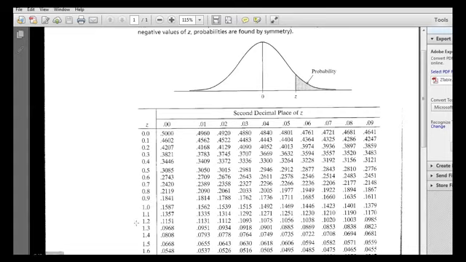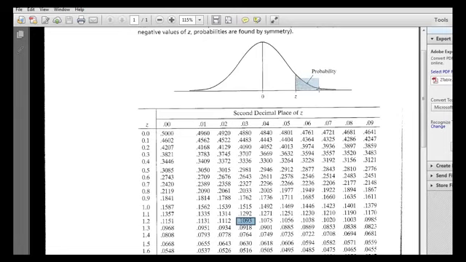z equals 1.23, then we'd go to 1.2 and we'd go over to 3. See the 3 right here? Okay, so 1.2 and 3 gives us this number here, 0.1093. So the p-value at a z of 1.23 is 0.1093.